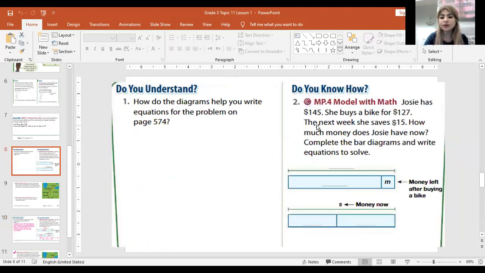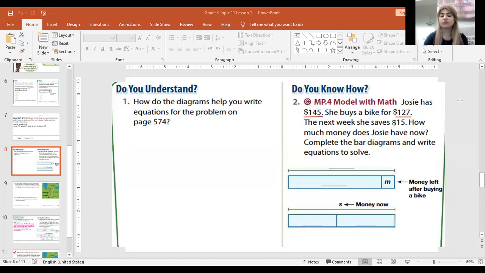Josie has $145. She buys a bike for $127. So using numbers is very important. Josie has 145. So this is the first number I will extract from the problem. I have $145. She buys a bike for $127.